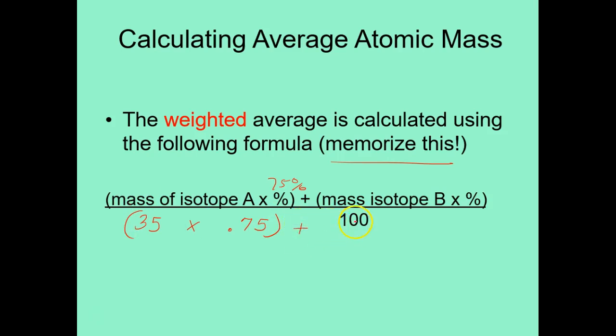We're going to add that to the mass of B, which was 37, times 0.25. Remember, it has to add up to 100%, so we're going to divide all of this by how much we have, 100.